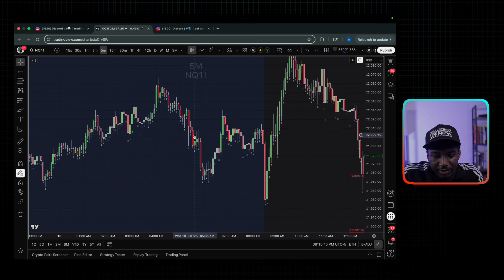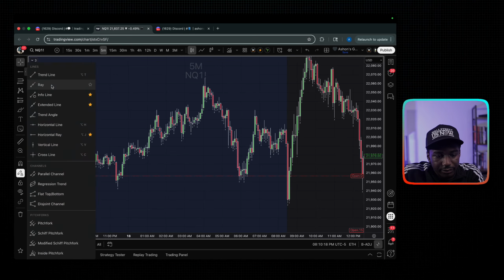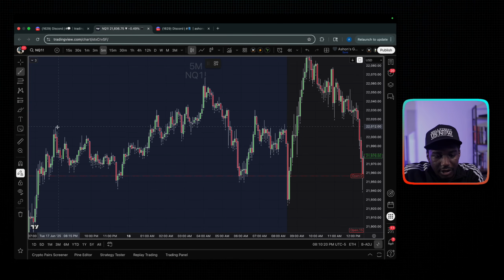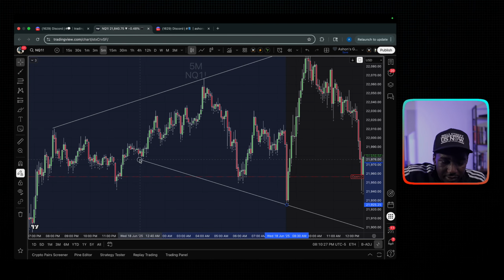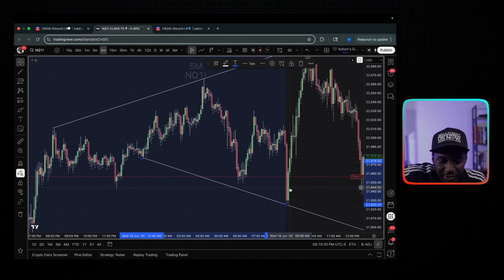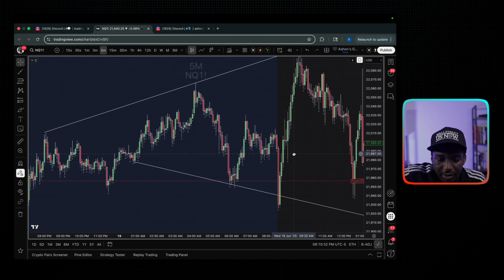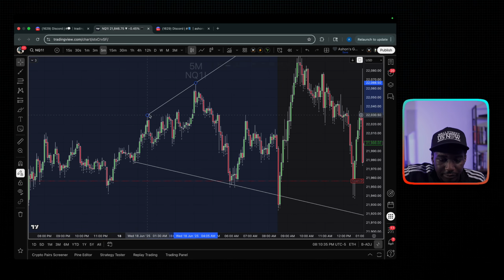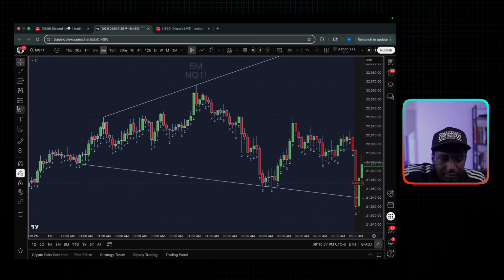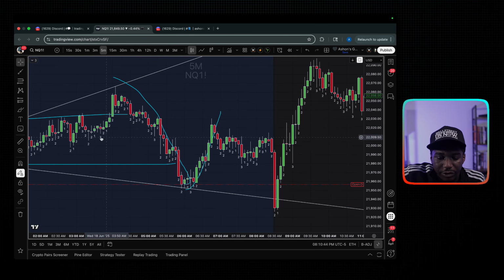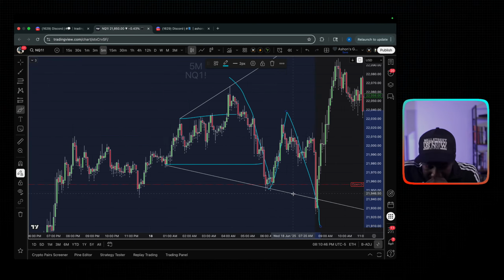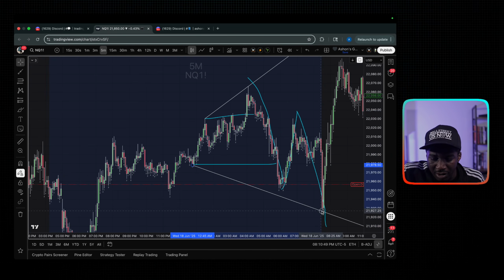So right here, if you notice, this is what the broad information looked like before. We didn't take out that just yet. We had price take out a previous high, come back through it, take out a previous low, try to take out a previous high, fail to do so, and we came down and took out another previous low.